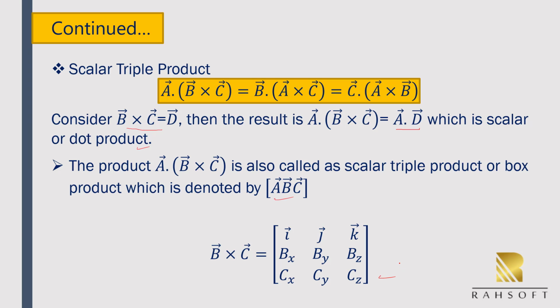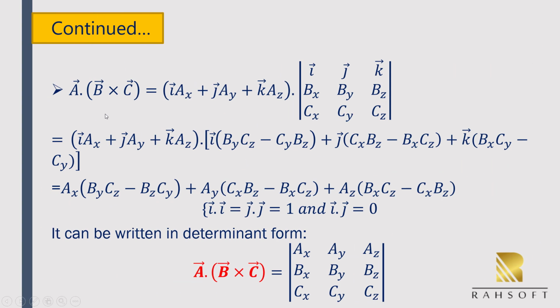So this is the way you can write B cross C. So A dot B cross C is equal to (i Ax plus j Ay plus k Az) dot this B cross C determinant. Now just calculate the determinant and then take the dot product with vector A, which is represented with its unit vectors i Ax plus j Ay plus k Az.